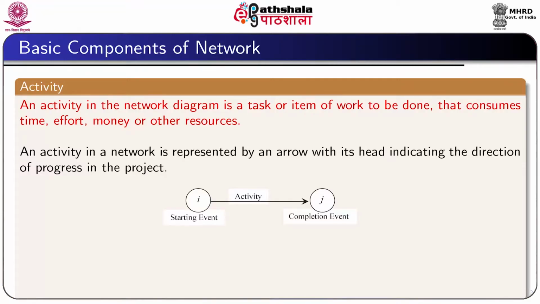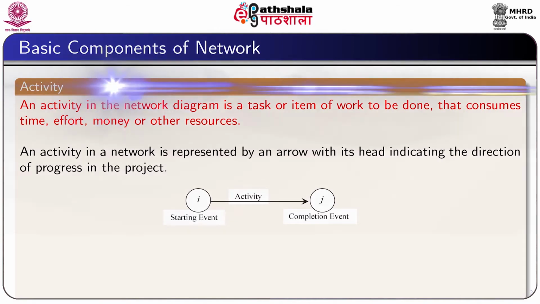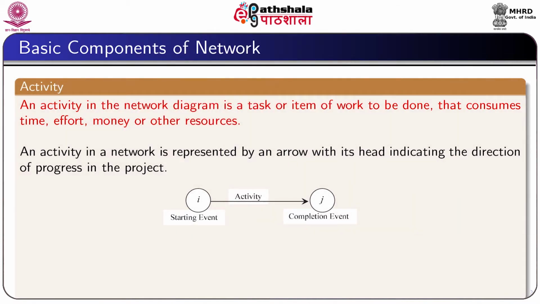Let me first define the basic components of a network. A network is a graphical representation of logical sequence of various activities to perform a project objective. So, then first we have to define what we mean by an activity. An activity in the network diagram is a task that consumes time, effort, money or other resources.